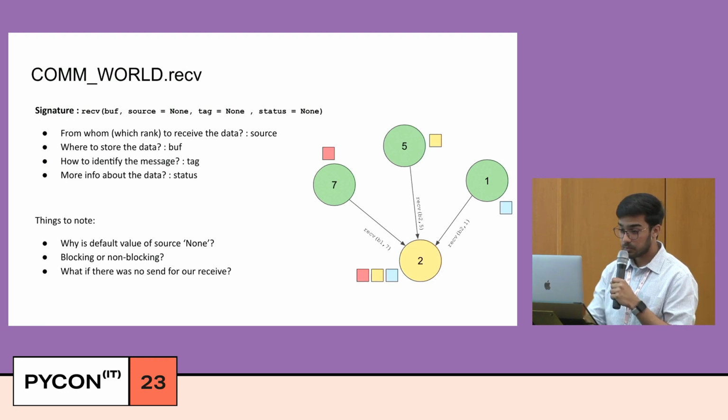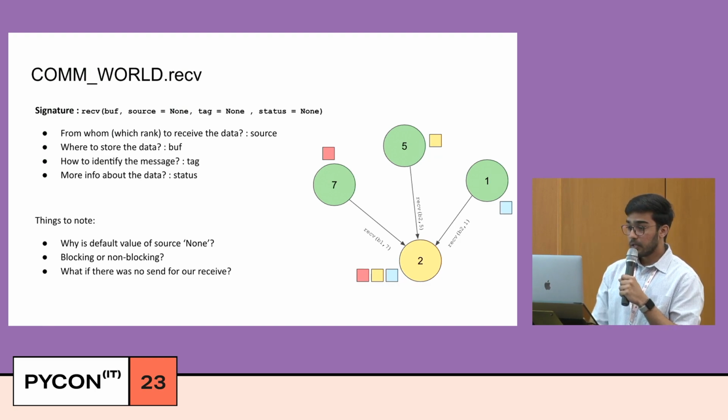So that is why the source is optional. And the status flag stores some metadata, like who sent me the data and some additional metadata parameters which you might need for complex programs.